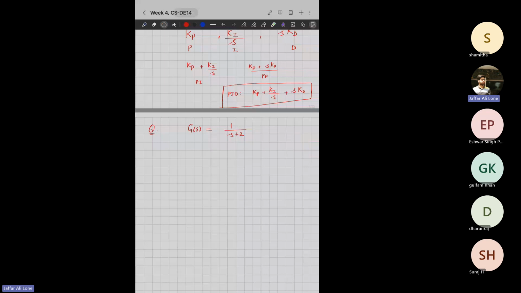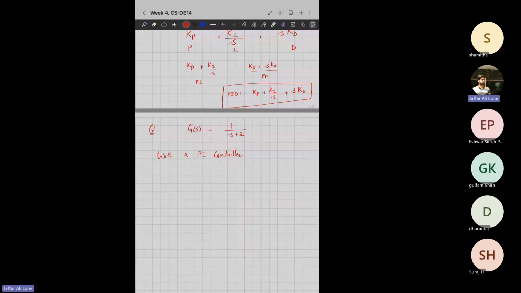So in the question, you are given a first order system with this transfer function. With a PI controller, just try to understand the question, it's basically the same thing we have been doing.